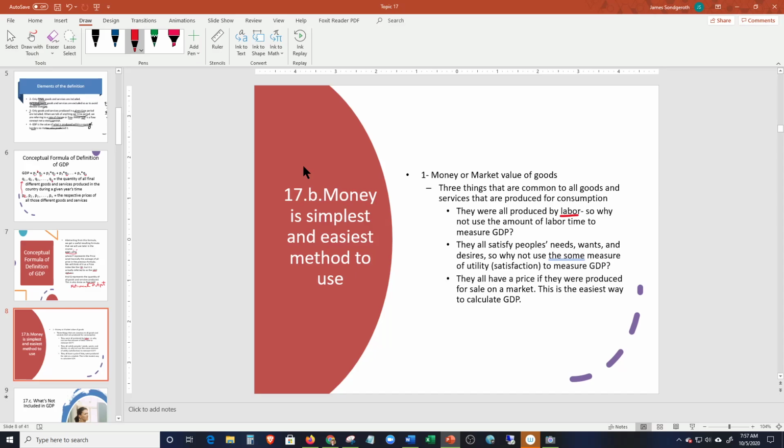So, for example, maybe the neurosurgeon's labor is worth 100 times. So if the neurosurgeon worked for 2 hours, it would be equivalent to 200 hours of work by the janitor. So the problem is that you're using prices to measure labor. So why not just use price? Wages are prices, by the way.